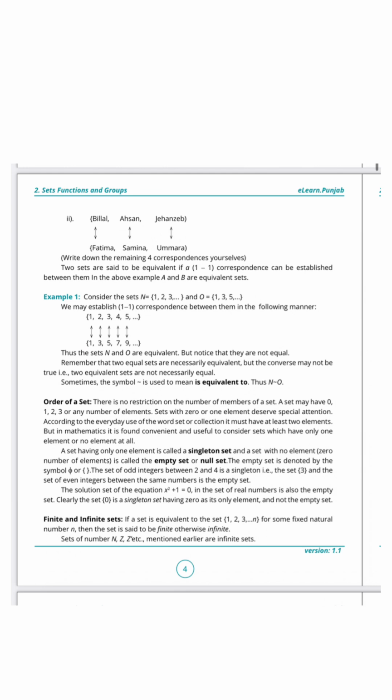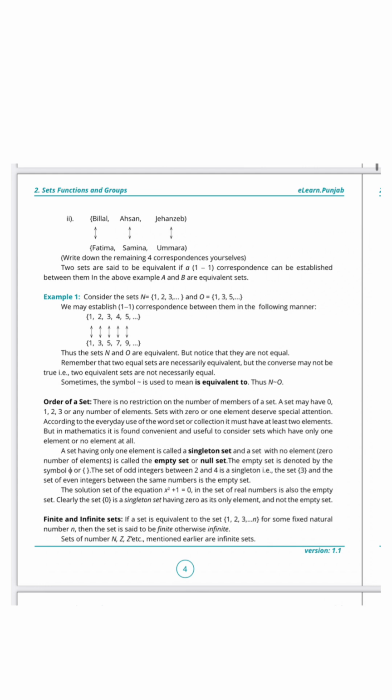Then we have the example number 1. Consider the sets capital N equals 1, 2, 3, and so on, and O equals 1, 3, 5, and so on. We may establish a one-to-one correspondence between them in the following manner. 1 2 3 4 5, then we can say that okay, these kind of questions might come as a short answer or an MCQ.